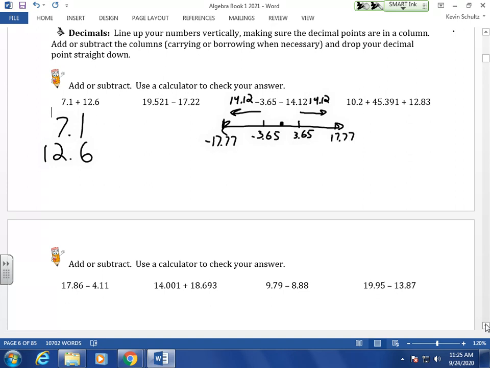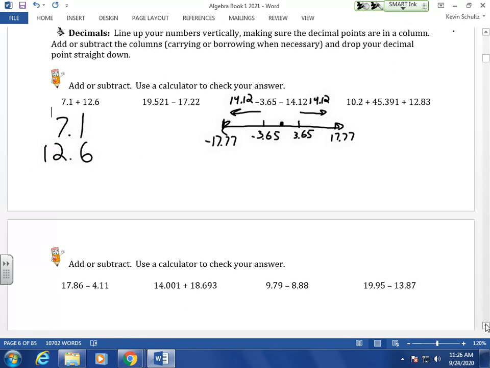17.77. Okay? So whether we start at negative 3.65 and go further left 14.12, or start at positive 3.65 and go further to the right 14.12, we're still going to end up 17.77 away from 0.